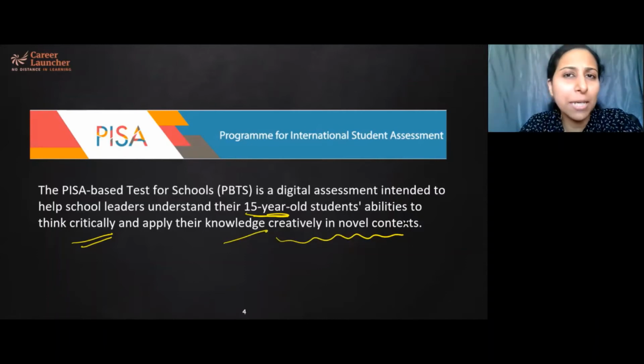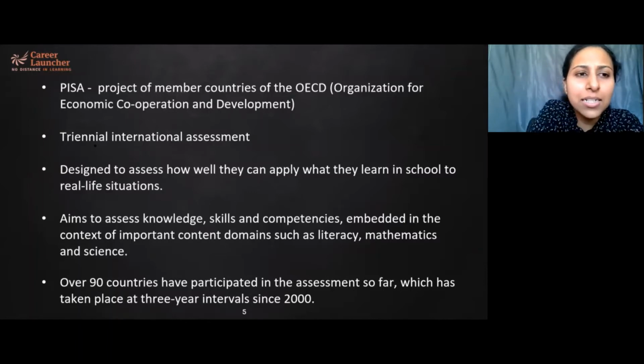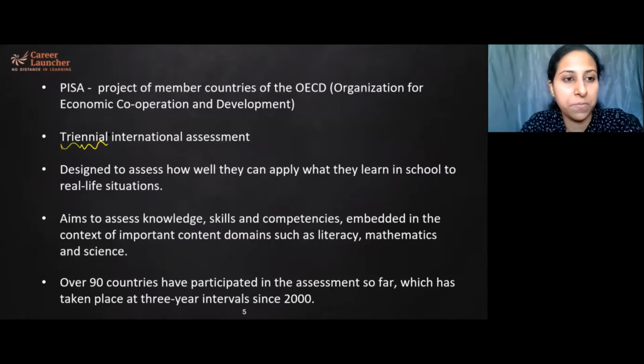I've picked a few key points from the PISA website for you. The PISA is a project of member countries of an organization called OECD. It is conducted every 3 years. It's a triennial assessment.